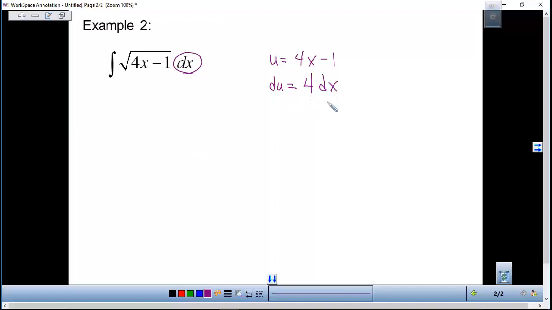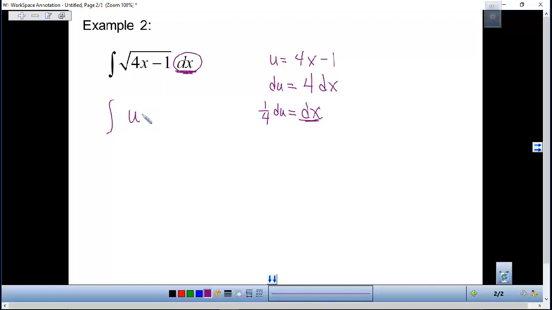So what you can do is solve for dx, which means I'm going to divide both sides by 4, or multiply both sides by 1/4. So 1/4 du equals dx. So in place of this dx right here, I'm going to put 1/4 du. So this becomes the integral of the square root of 4x minus 1, which is u.